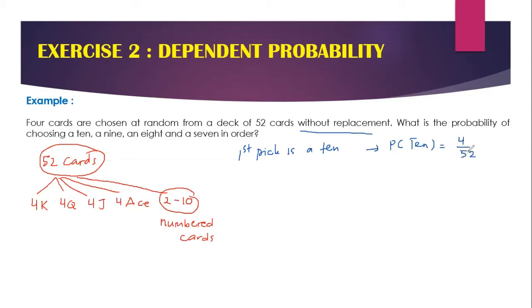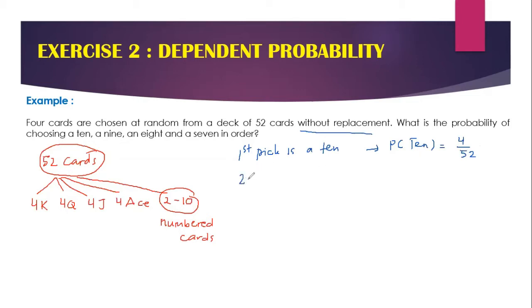How do you know that there are 4 tens? As you know, the 52 cards consist of 4 groups: club, diamond, heart, and spade. Every single group has a card of number 10. So that's why the probability of 10 is 4 of 52.